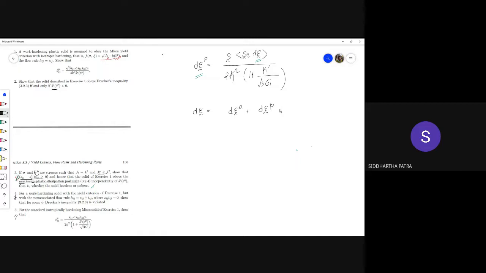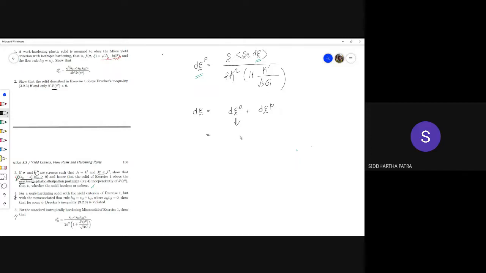Okay, and the elastic strain increment is in two parts.